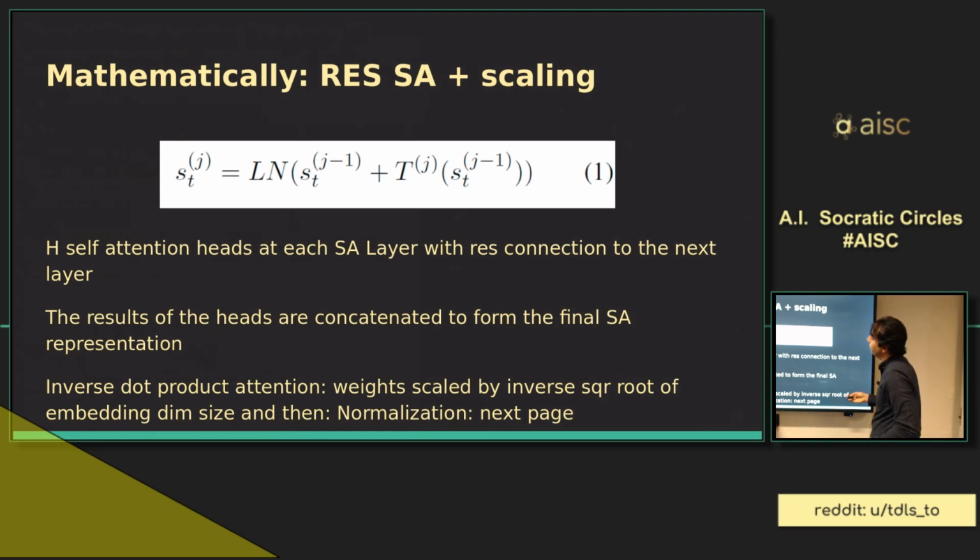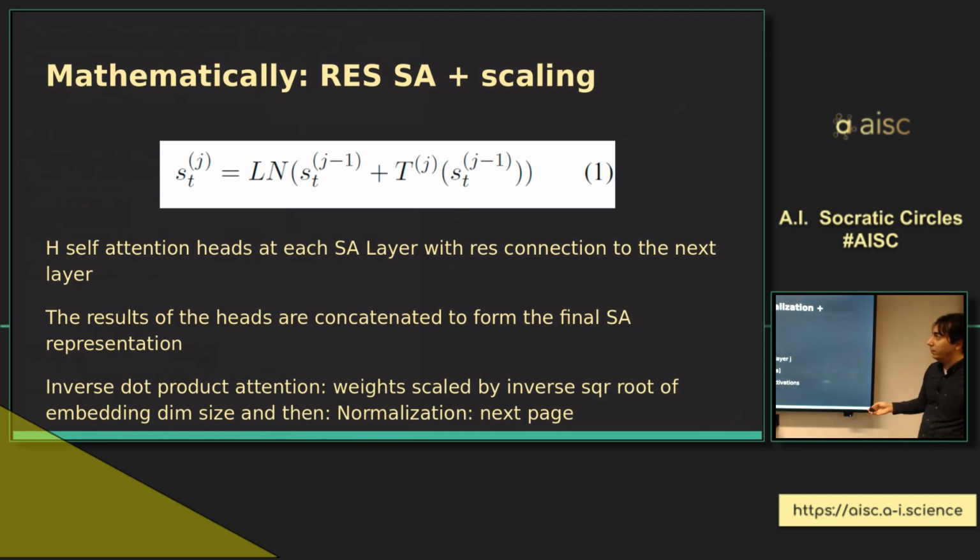Okay, so that's it. Let's see what else I have here. H is the number of self-attention heads at each self-attention layer, with residual connections, as I mentioned. So you have H heads. The results of the heads are concatenated to form the final self-attention representation, as mentioned earlier. We use something called scaled dot product attention, where you scale your weight by the inverse square root of the embedding dimension size, and then normalization.